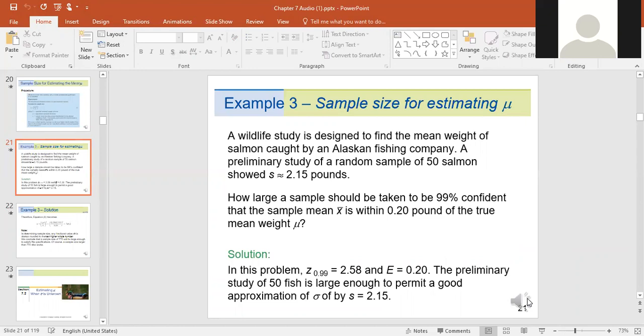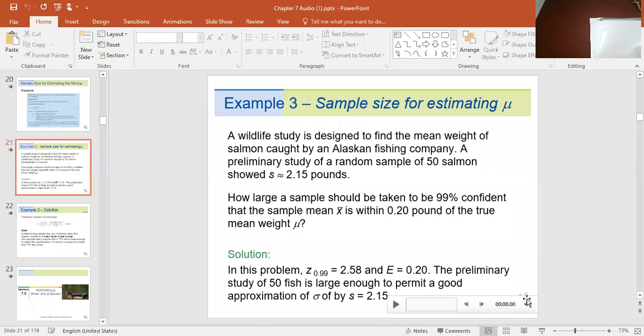If the population is normally distributed, or the sample size is large enough. What we mean by large enough here is n is at least 30.